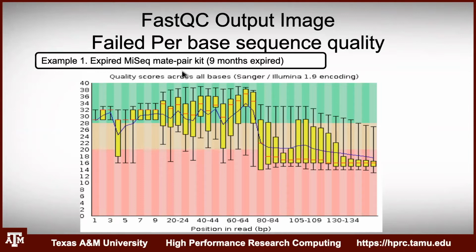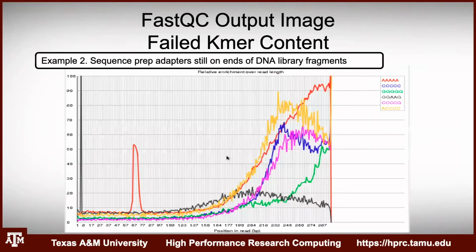I would just count my losses and move on and sequence with a different kit. But you can see here, some of these values are below 20, which is the typical cutoff. So that's the low end that you want to keep, anything in the 20s.